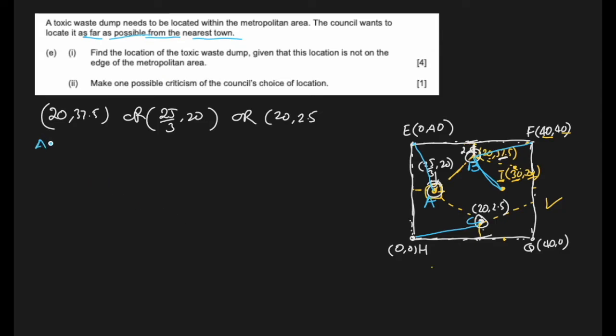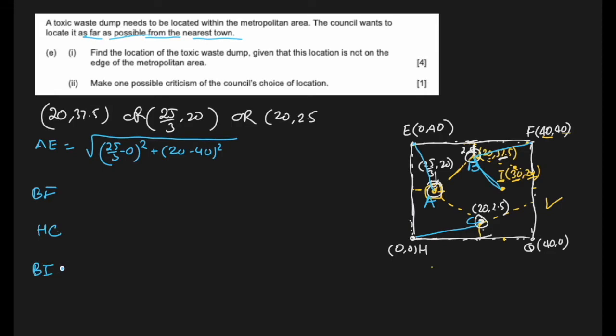First I will find AE will be the square root of x2 minus x1, so 25 over 3 minus 0 squared plus 20 minus 40 squared. Similarly, I'll find BF, and I've already done AC, so HC and BI.